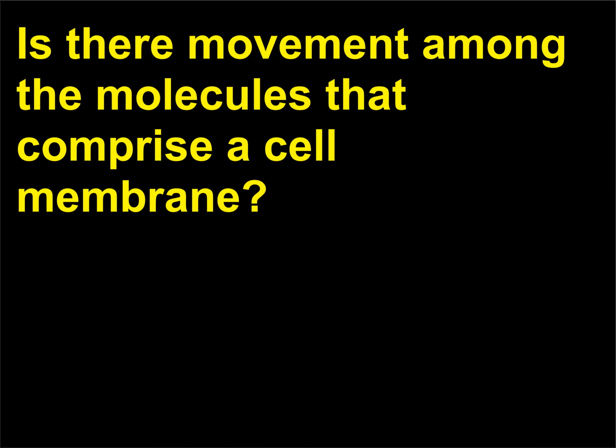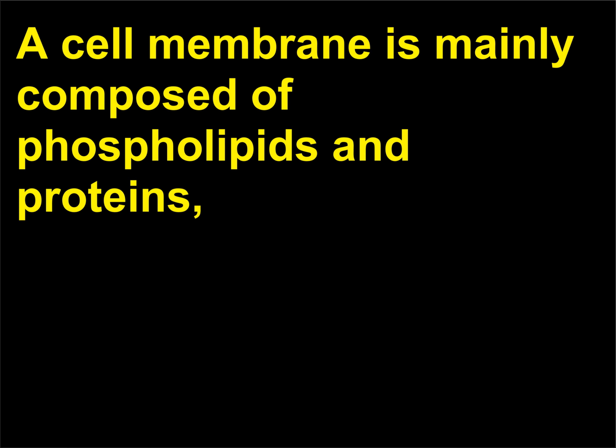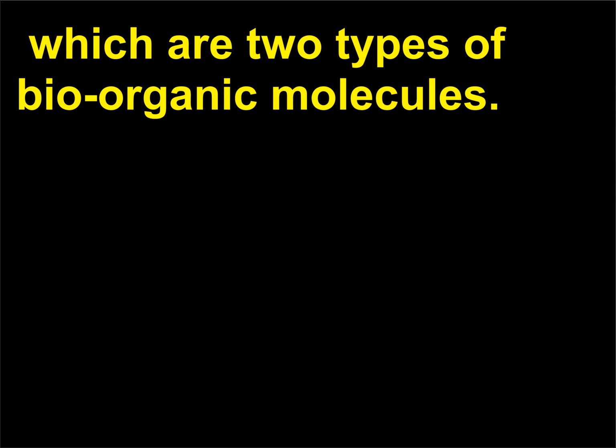Is there movement among the molecules that comprise a cell membrane? A cell membrane is mainly composed of phospholipids and proteins, which are two types of bioorganic molecules.